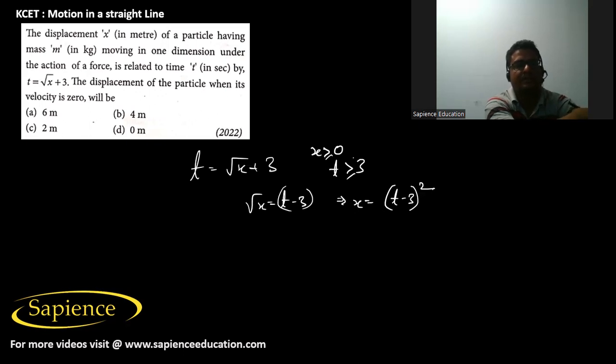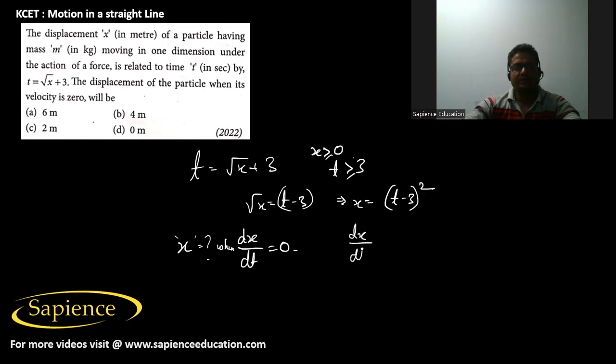The displacement of the particle when the velocity is 0. So it means dx by dt will be 0. We have to find the displacement x when dx by dt is 0. So dx by dt from here we can find that is 2 into t minus 3 into dt by dt, which is 1.